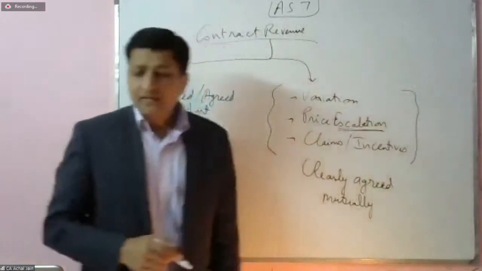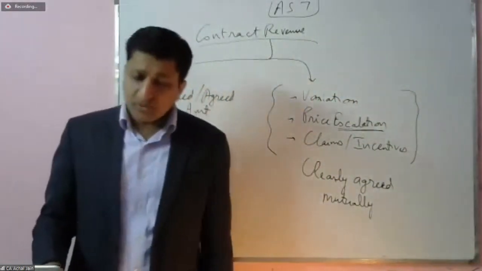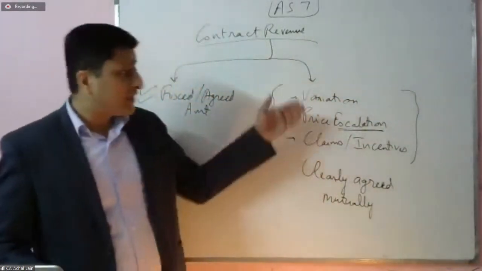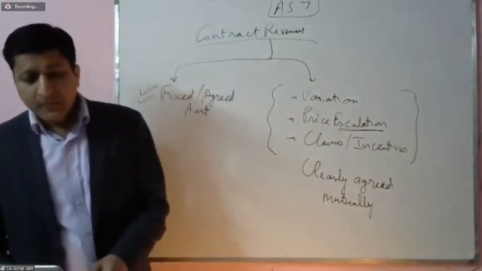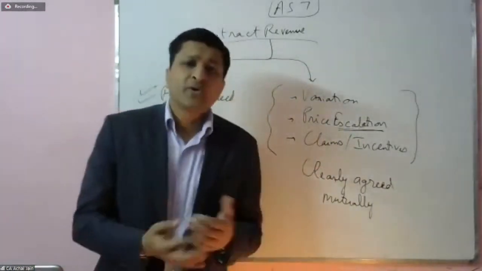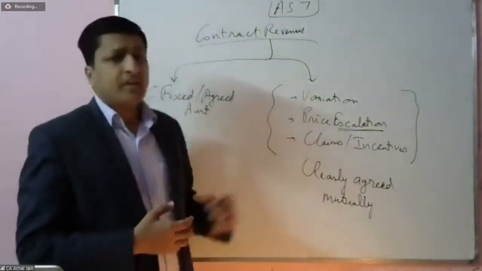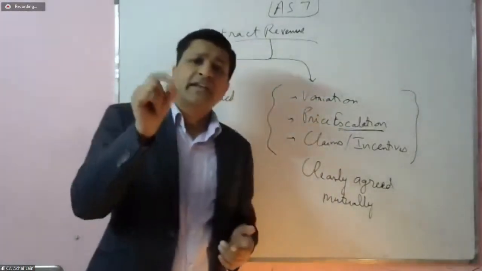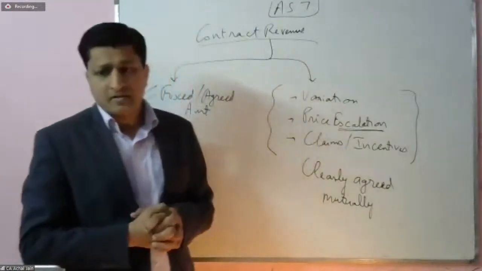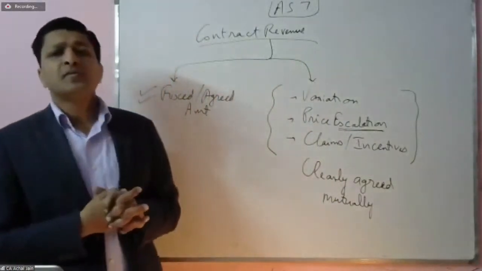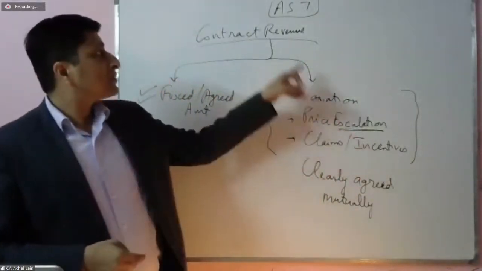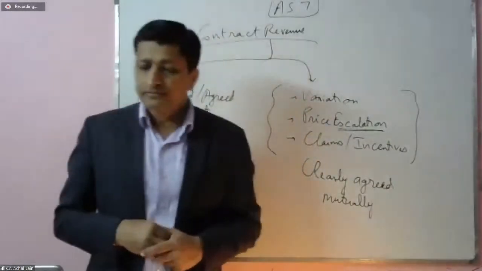What does it mean? It means that even though there is a clause for inclusion of any of these parts, there should not be any dispute in relation to any of these parts. Let's suppose there is a variation and this variation is clearly agreed between both the parties, that yes, variation will also be paid, then this will also form part of contract revenue.